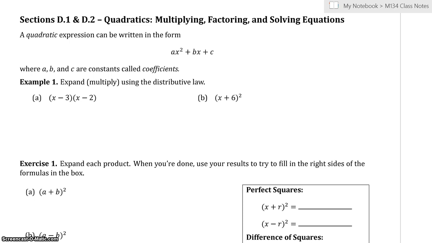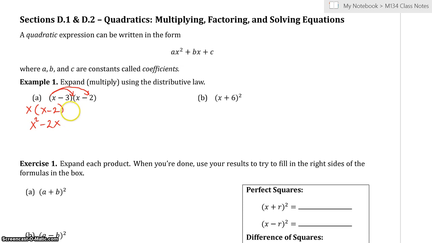We've done this before. Let's go ahead and multiply this. If you remember, we're going to use the distributive law and we're going to multiply this twice. So this is like taking the x times the x minus 2. So that would be x squared minus 2x. Again, that's like taking the x times the x minus 2. And that's where we get that.